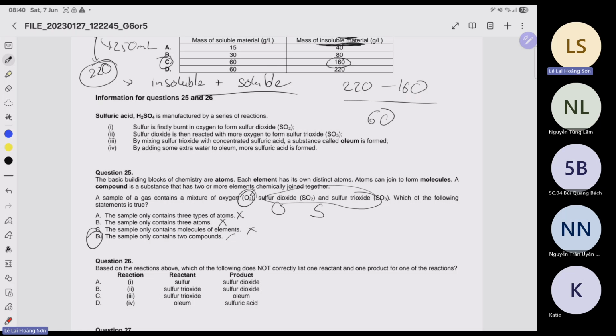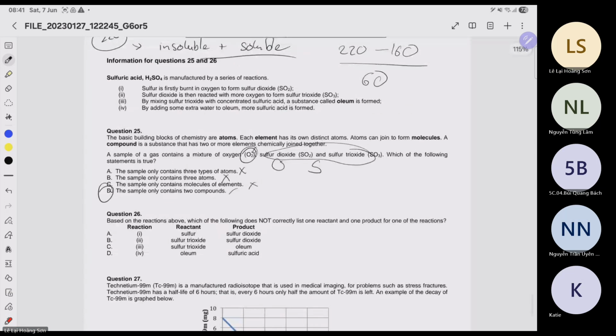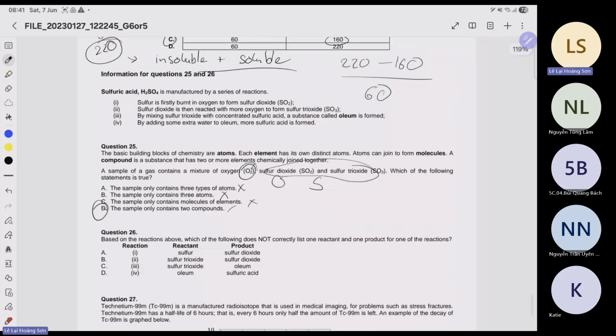Question 26: based on the information here, which does not correctly list one reactant and one product? We have to use the information in questions 25 and 26.